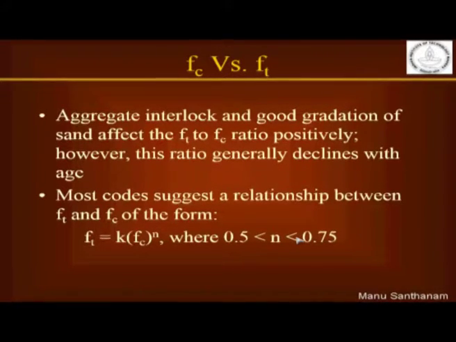Okay. Most codes would suggest a relationship of the form where tensile strength is equal to some constant multiplied by the compressive strength to the power of half, or the square root of compressive strength. Now, please remember, this is only an empirical relationship, it has absolutely no fundamental basis whatsoever. Okay. This is just empirical data fitting essentially.